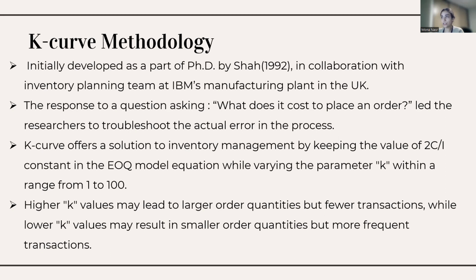K-curve offers a solution to inventory management by keeping the value of 2C divided by I constant in the EOQ model equation while varying the parameter K within a range from 1 to 100. Higher K values may lead to larger order quantities but fewer transactions, while lower K values may result in smaller order quantities but more frequent transactions.